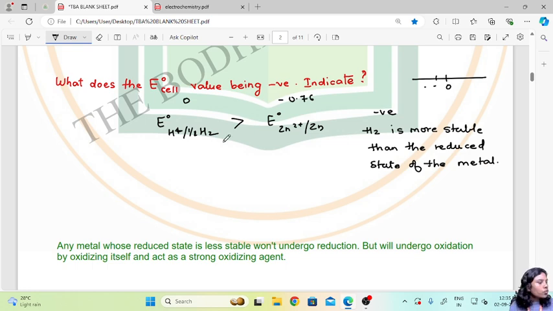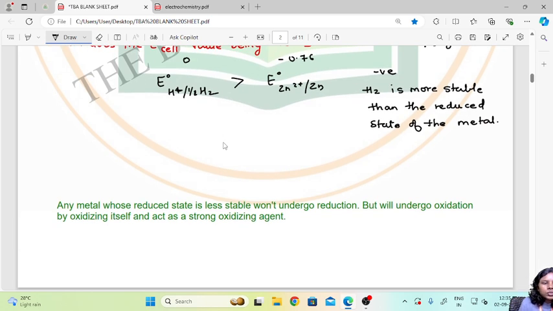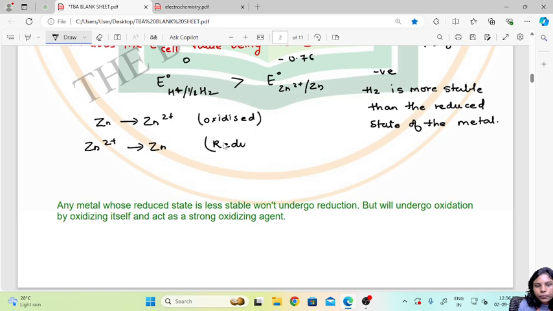Now in this case, if we have zinc, so Zn goes to Zn2+, it is getting oxidized, and then we have Zn2+ which is going to Zn, that is getting reduced. So in this case now, because the value of Zn is minus 0.76, we can say that this oxidation reaction will occur more than the reduction reaction.